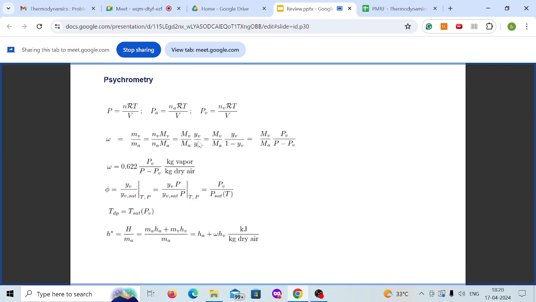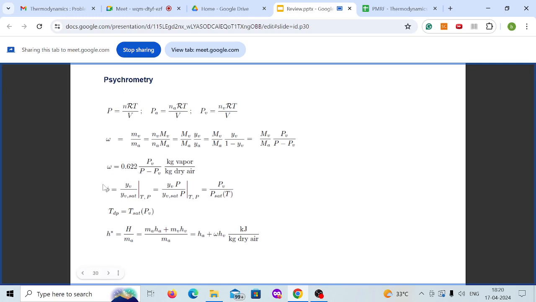Pa you can write in terms of the total pressure as P minus Pv. And the molecular weight of vapor by molecular weight of air gives you 0.622 when you substitute the values. So this is the final expression you can use to solve: specific humidity is 0.622 Pv by P minus Pv, where Pv is the partial pressure of water vapor.